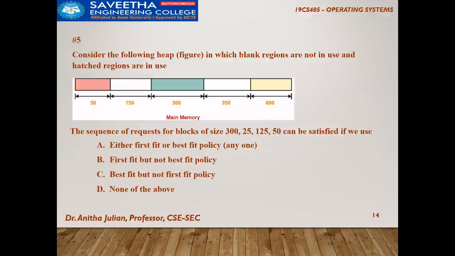The choices are first fit but not best fit, or best fit but not first fit policy, or none of the three answers is correct. So they just want you to try out and tell. Try to work this out and answer the question. You have to find out which is the correct choice.